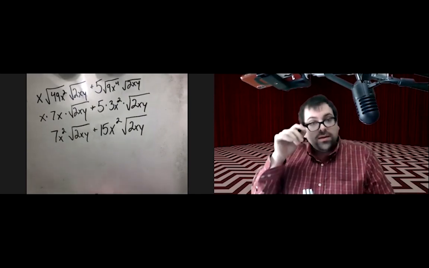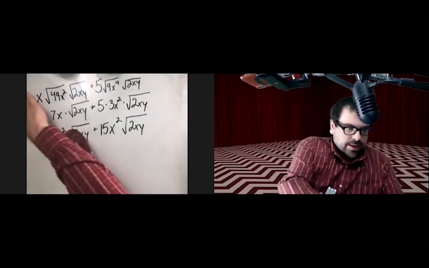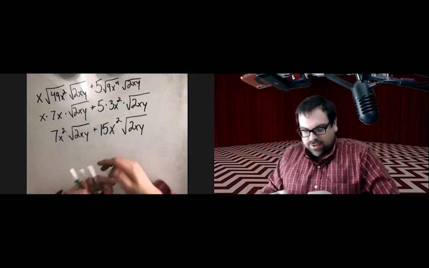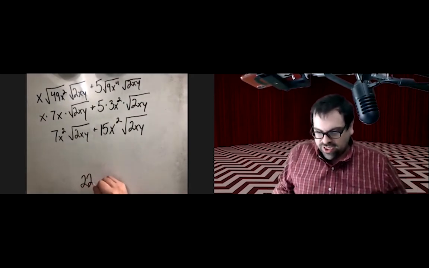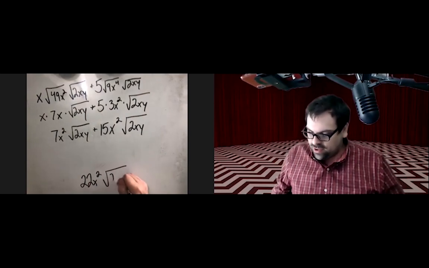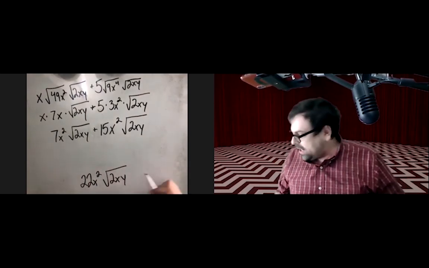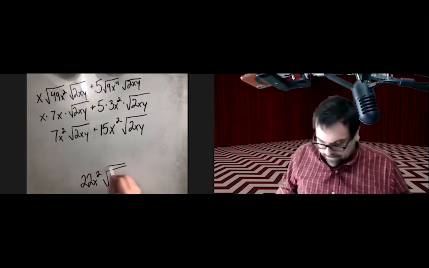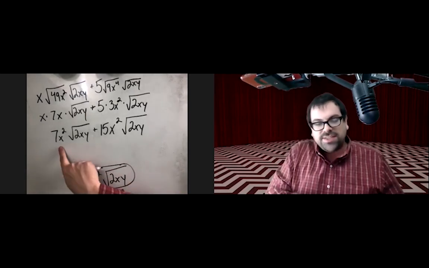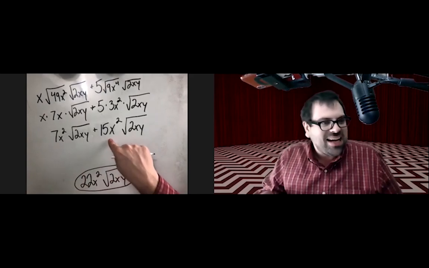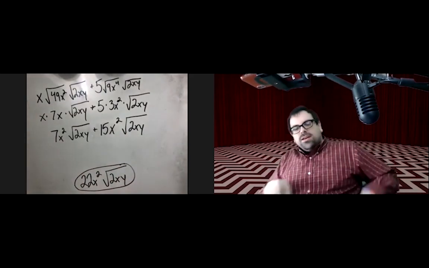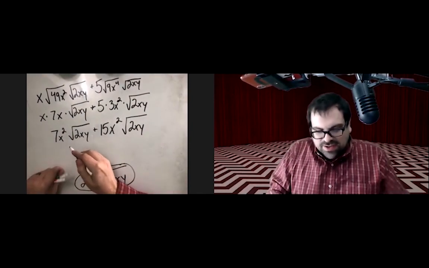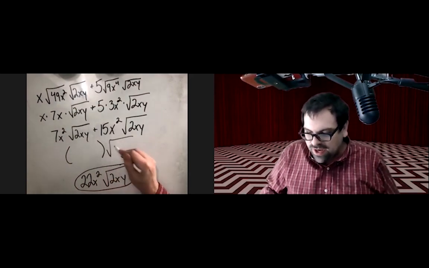Why did I point out that it's just factoring? Well, because even though you can get to the answer of 22x squared radical 2xy using our 7x squared of these things plus 15x squared of these things method, it might be easier to just say, now hold on a second, I'm going to factor out the radical 2xy.